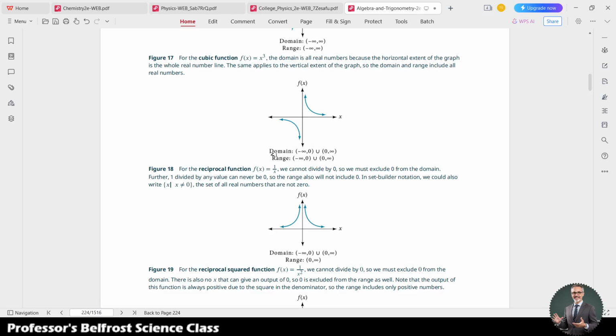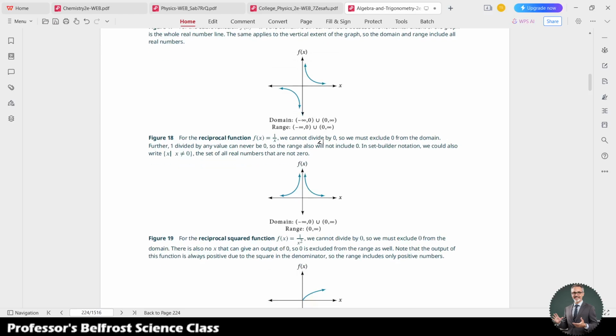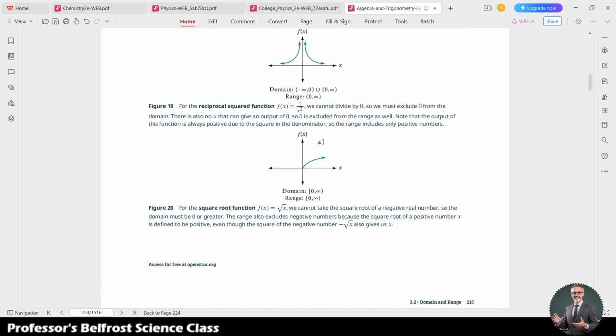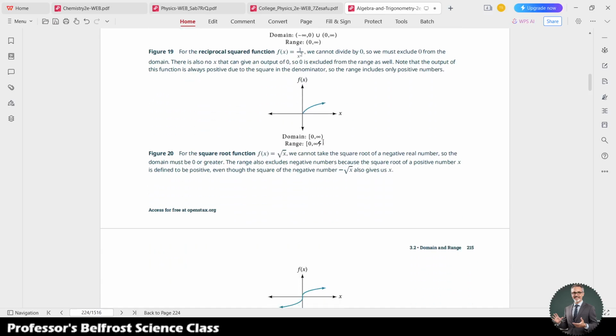For every odd function, the domain and range are the same. But for the square function, an even function, the range is just half the domain. That's actually what we really need to keep in mind, and the others we can leave.